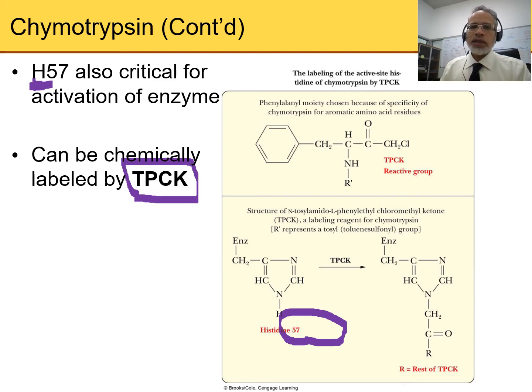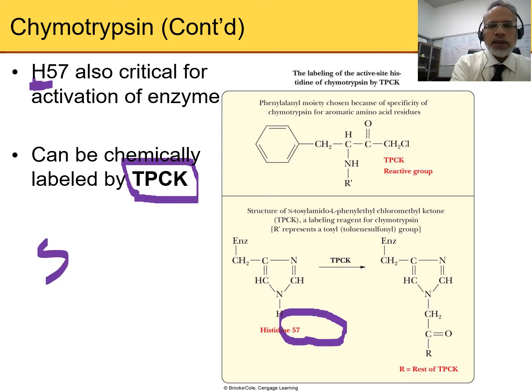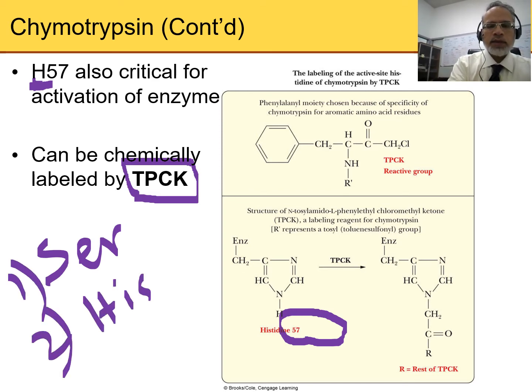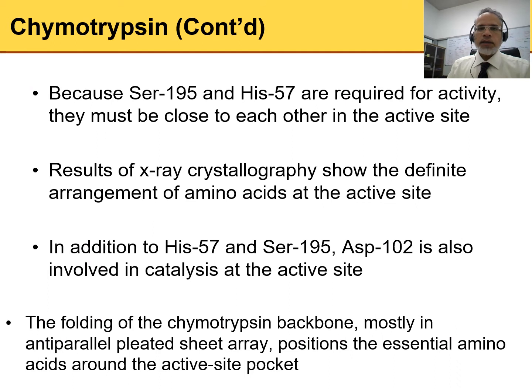That means chymotrypsin needs histidine as well. So you have serine that it needs, and now you found it needs histidine as well. So that's really interesting. So it has those two amino acid side chains. Okay, so they found serine at 195, which is important, and histidine at 57 that are important.